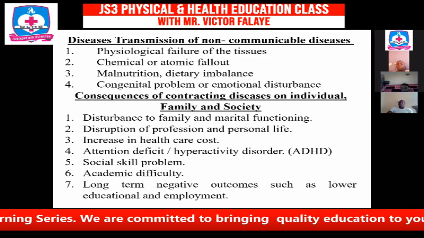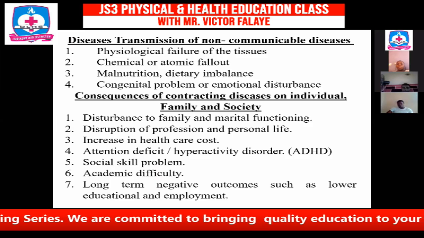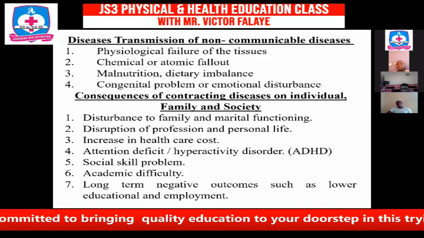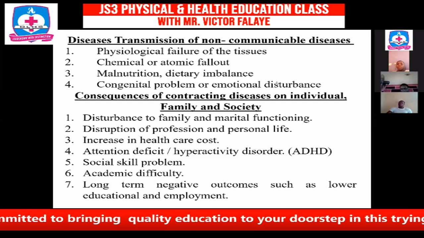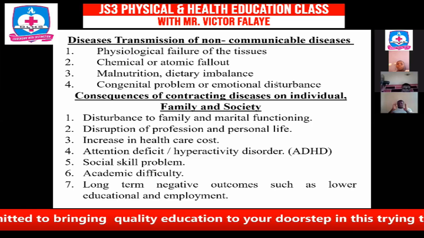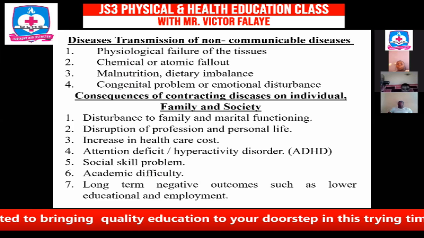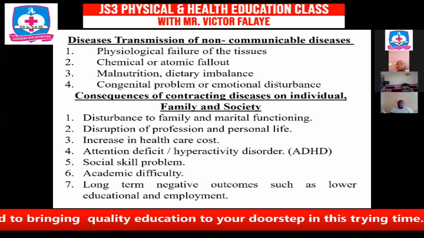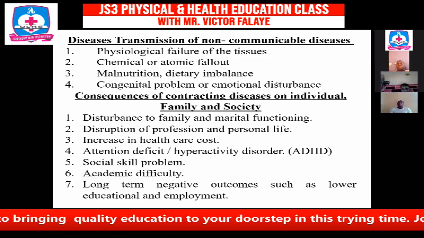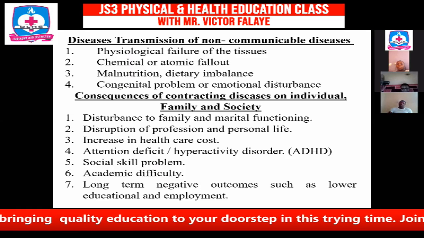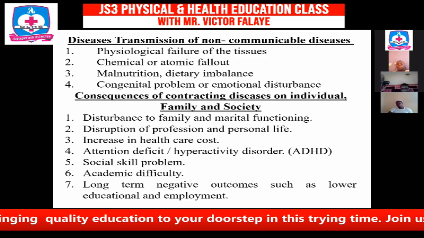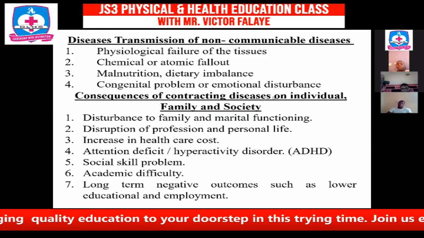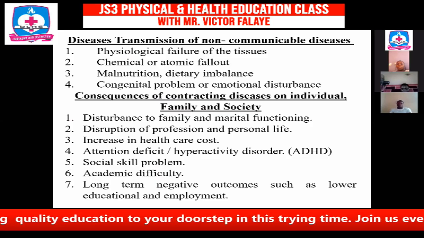Then every now and then they begin to buy drugs. An asthmatic patient in a family is always spending on drugs just to keep that individual stable, to keep the patient stable. So all these are consequences of contracting any form of these diseases on an individual, family, and society.